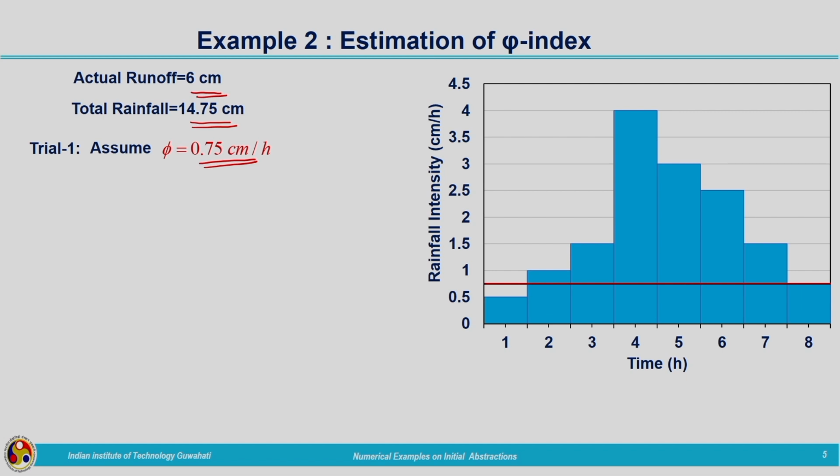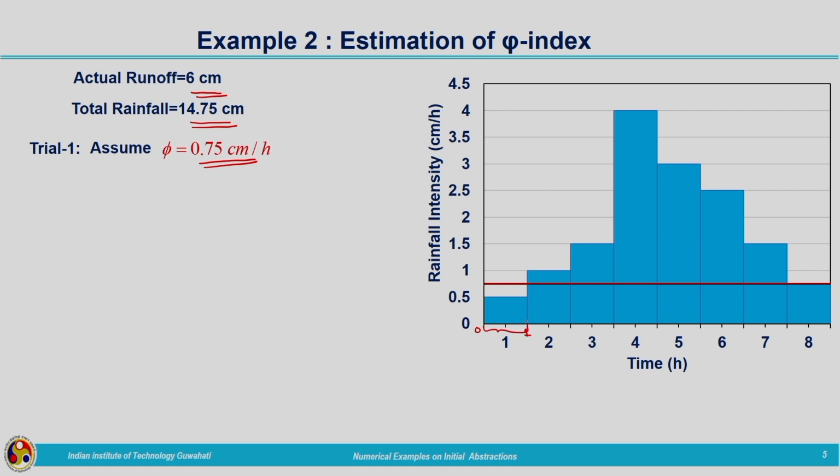If phi index is 0.75 centimeters per hour, you can understand that from 0 to 1 hour, that is 1 unit marked at the center, it represents this time interval is 1 hour.